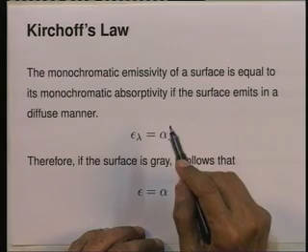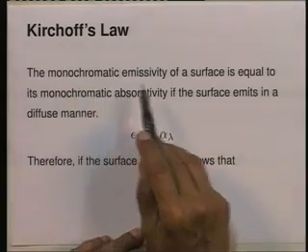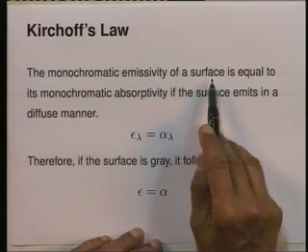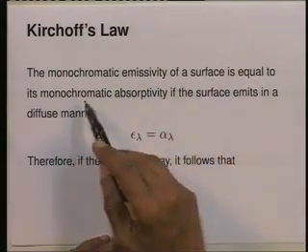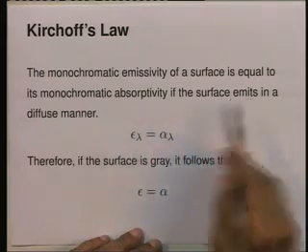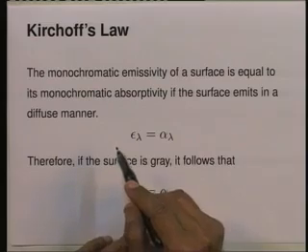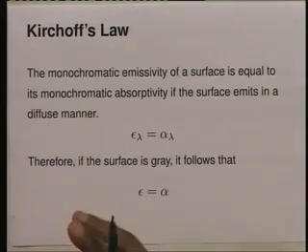Now, we go on to another law which we are not going to prove, but which is in fact a very important law, and that law is Kirchhoff's law. Kirchhoff's law states that the monochromatic emissivity of a surface is equal to its monochromatic absorptivity if the surface emits in a diffuse manner. It relates the emission characteristics of a surface to its absorption characteristics.